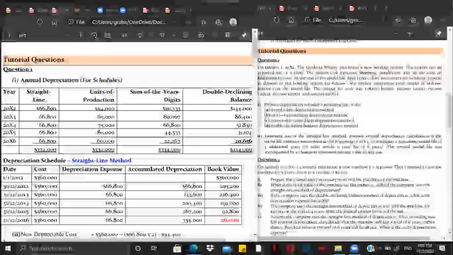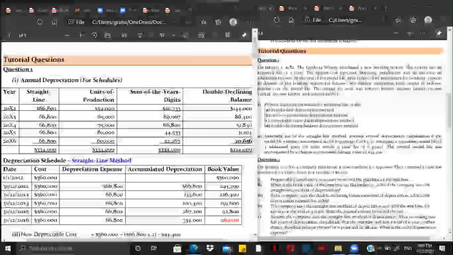So installation or any transportation cost should be added to the capitalized cost. The economic life is the useful life, and the residual value is basically the amount you can sell it for after its useful life.